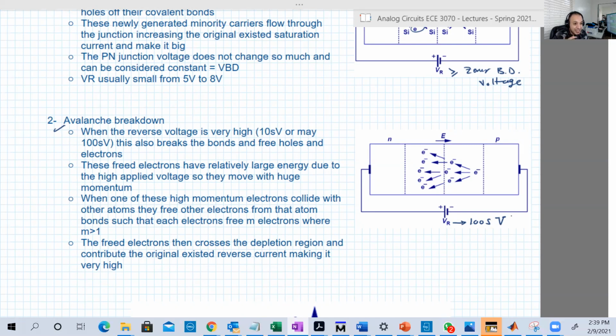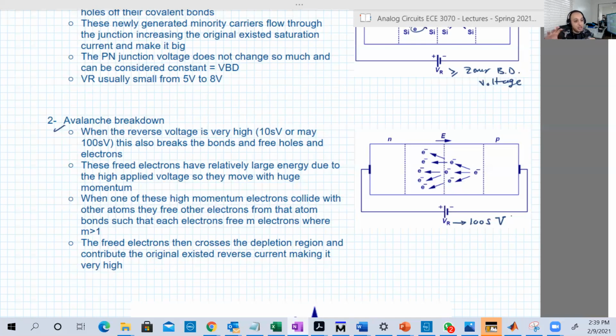So basically here again, the electrons tend to move from the valence band to the conduction band. It needs energy. This energy can come from the electrostatic energy to be free, like in Zener breakdown. And in avalanche, we will have both.